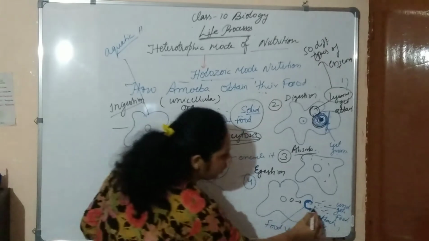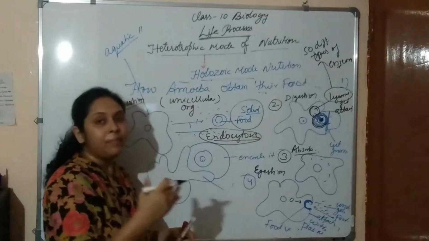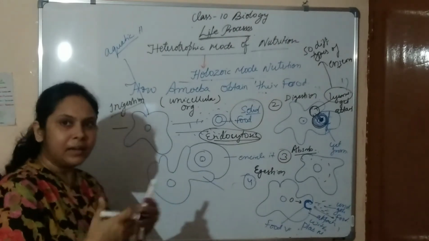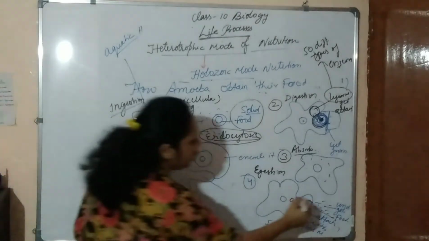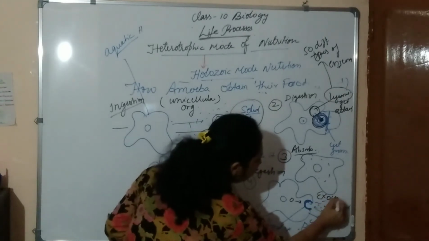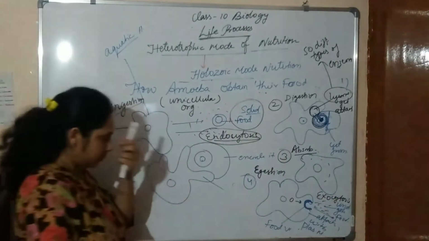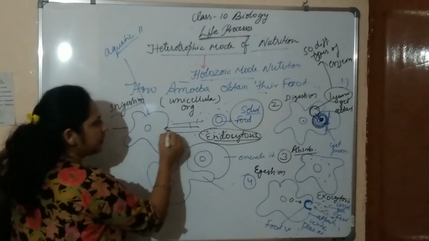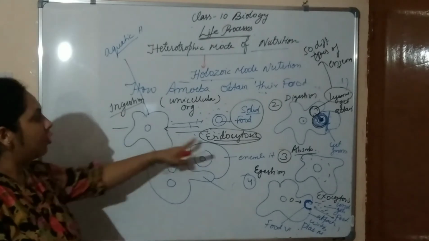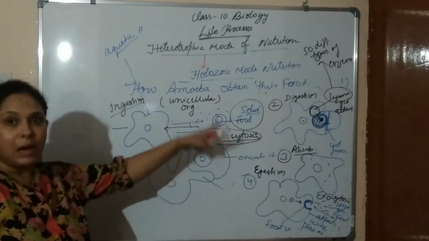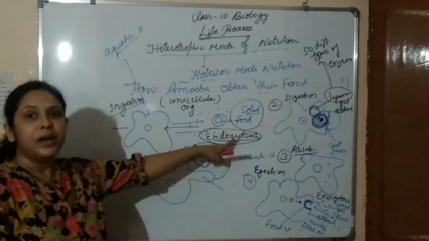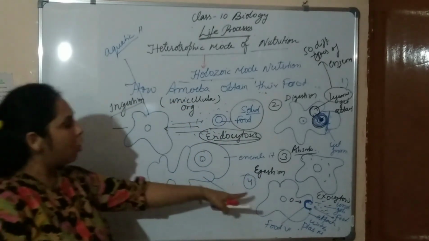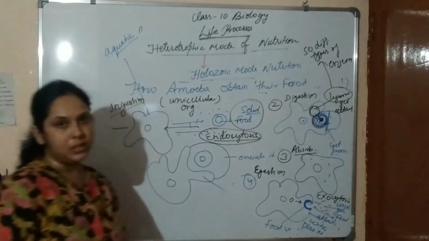And when the food is removed, it is also an activity of the plasma membrane, which is called exocytosis. So the process in which the food is taken inside by the amoeba, done by the plasma membrane, we call endocytosis. And when the undigested food is removed, we call it exocytosis.